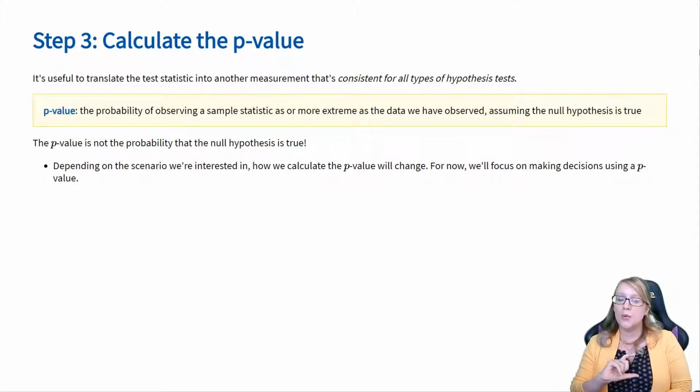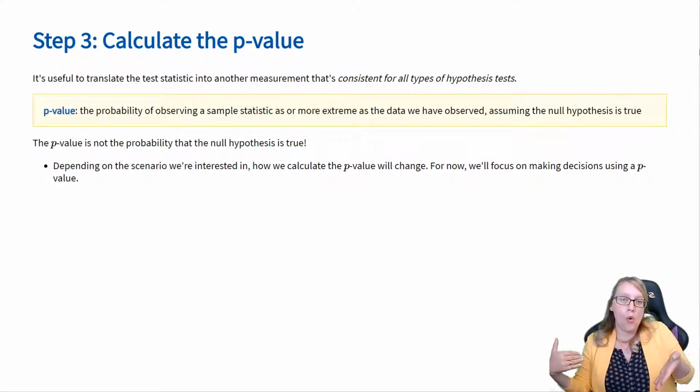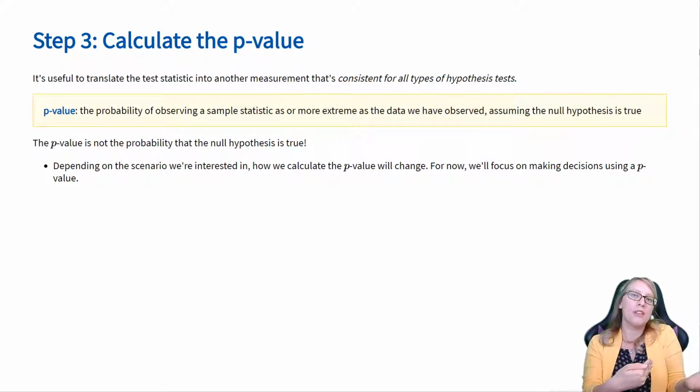Now, this p-value is not the same as the probability that the null hypothesis is true. Think about that null hypothesis as a fixed value. It's true or it isn't. We're not assigning probability to that. What we are saying is, okay, assume this null hypothesis is true. What's the probability then that we would get data like ours?